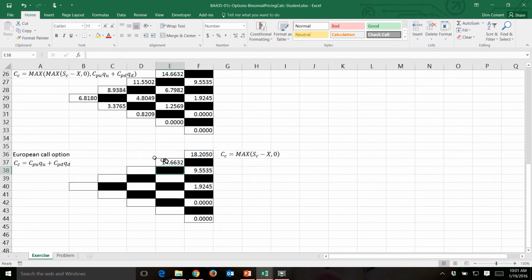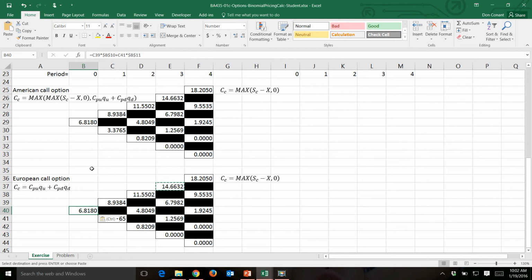And once I've done that, again with proper relative and absolute cell referencing, I can just copy that, working backwards, paste it throughout the model, and it will calculate the European call option price for each period. And you can see in this model that the American call option and European call option prices are the same. And that's how you set up the binomial American call and European call option models.